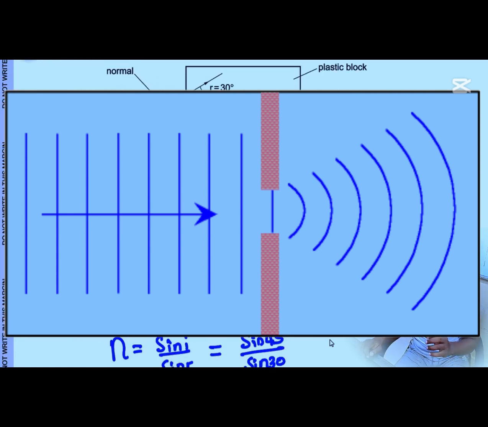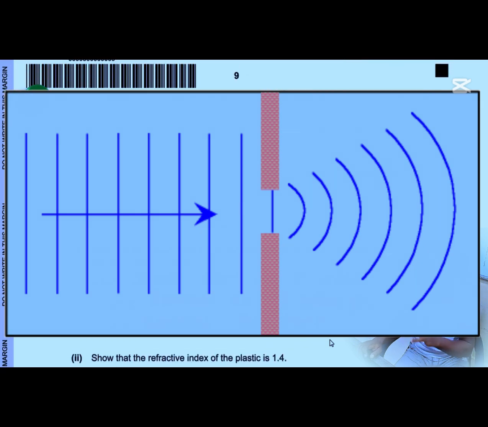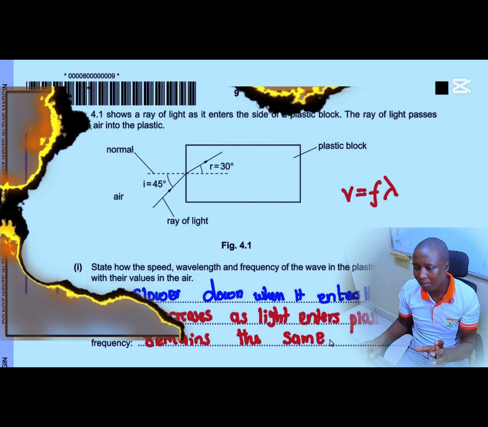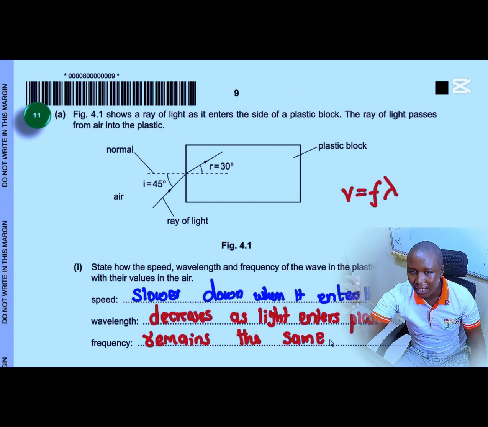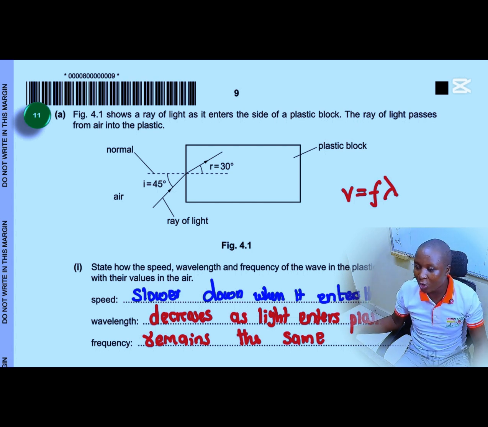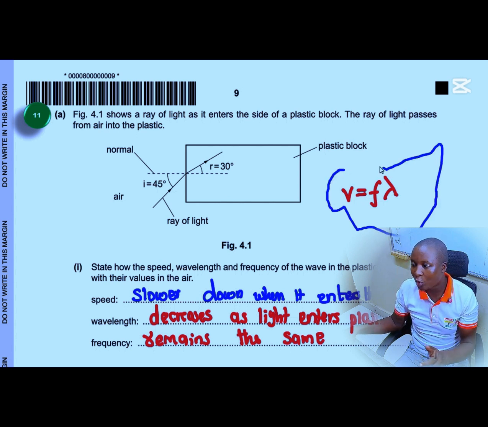What we need to remember under refraction is that in a dense medium, the wave is going to slow down. So speed is going to slow down when it enters the glass block. The wavelength also is going to become smaller, but the frequency is going to remain the same.